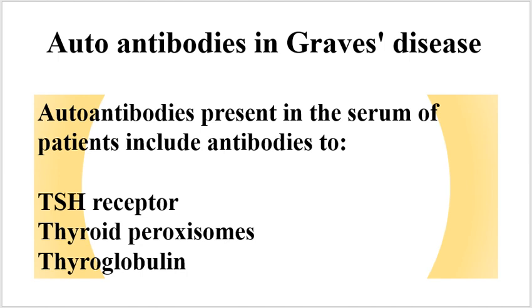Autoantibodies present in the serum of patients with Graves' disease include antibodies to TSH receptor, thyroid peroxidase, and thyroglobulin.